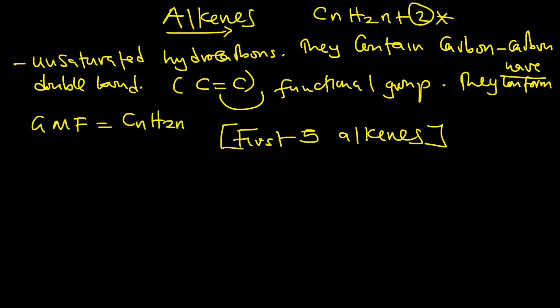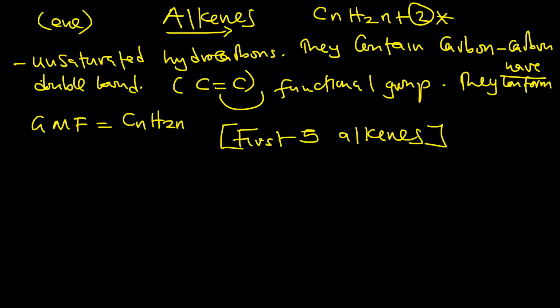We go up to 10, but you can go further, but that is not necessary. So for the first 5, don't forget the prefix. Now, since we are dealing with alkenes, the suffix is en. I think this part we have done already at some point.